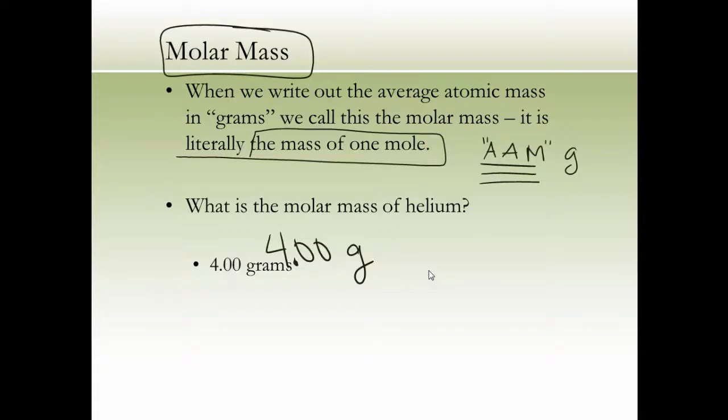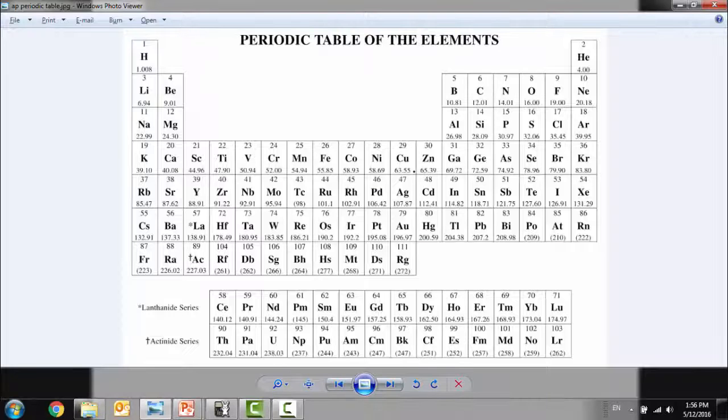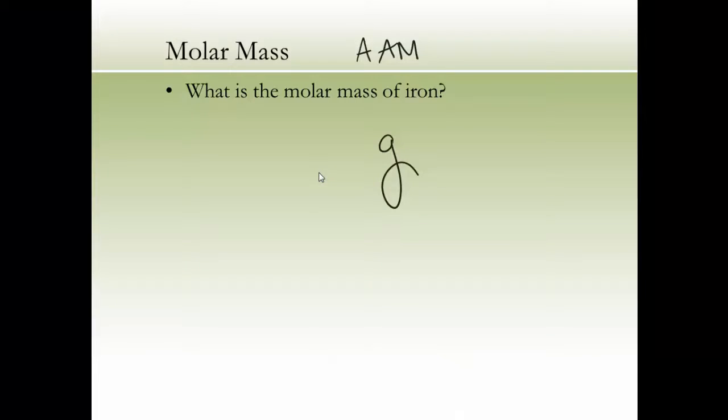So 4 grams. Okay, molar mass of iron. So same thing. We're going to take the average atomic mass of iron, but we're going to put grams behind it. Okay, so iron is Fe. So right there, 55.85. We call this the molar mass of iron.